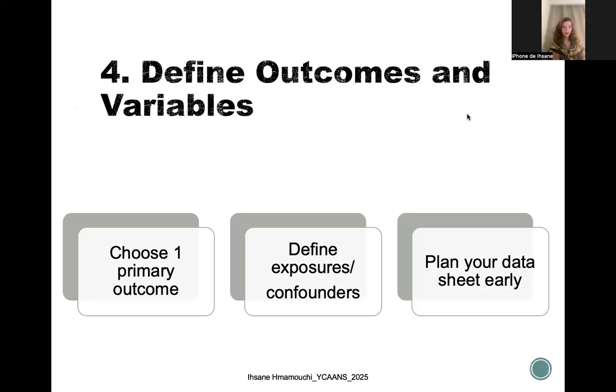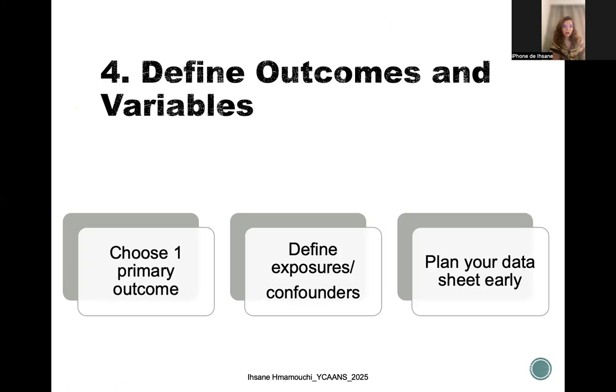Okay, so now let's define your primary outcome and variables. Your primary outcome is the heart of your study, and you need to choose one main outcome for your research question. You could have many secondary ones, but the main primary outcome will define the kind of study and also the sample size of your study.